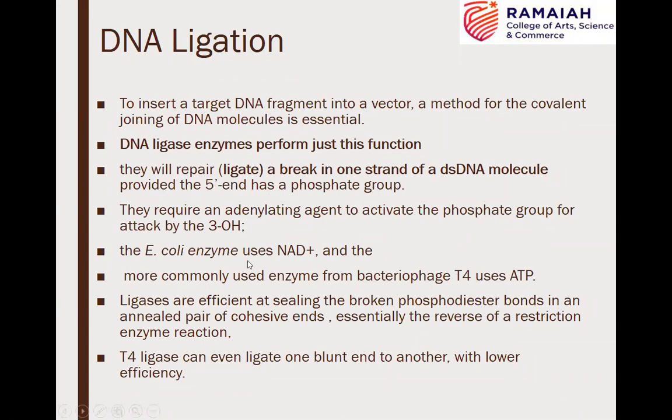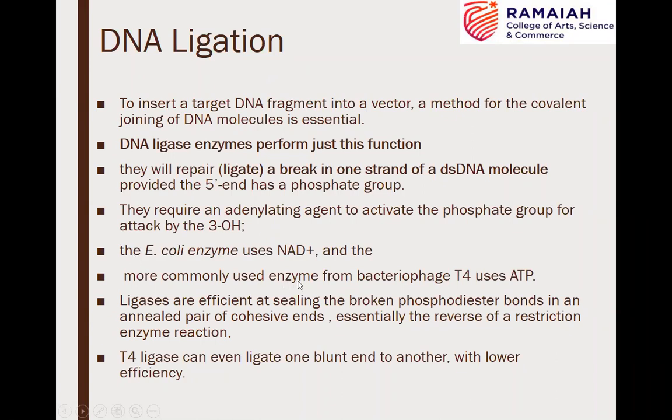There are two different DNA ligases we use for ligation in recombinant DNA technology. One is the ligase derived from E. coli, which uses NAD+ as cofactor for its activity. That means it uses NAD+ as the adenylating agent.